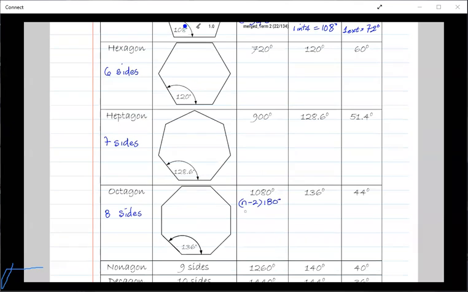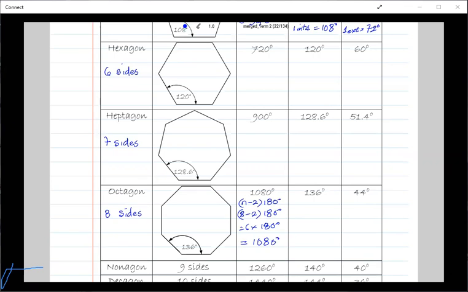So this is going to be 8 minus 2 times 180 degrees. This is 6 times 180 degrees. And the students confirm that it is indeed 1080 degrees.